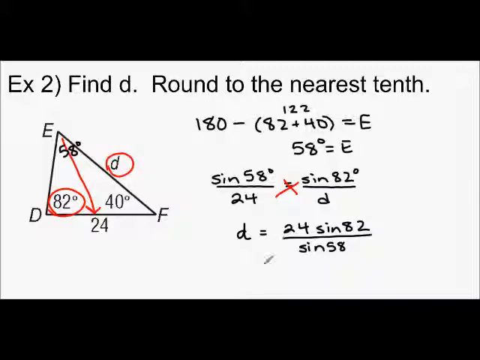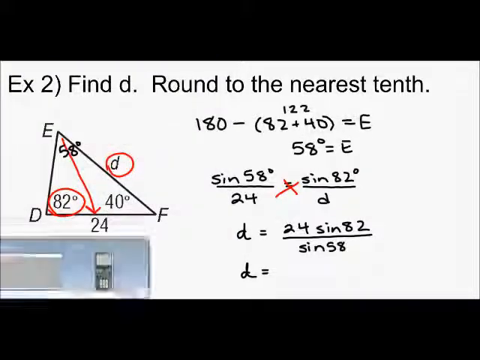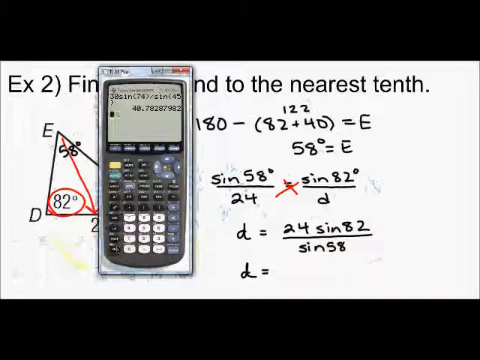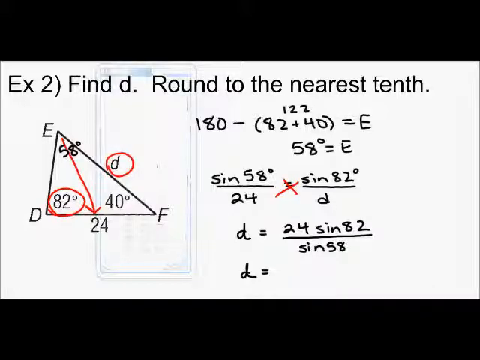Okay. Just plugging this into the calculator, remembering to close your parentheses. We have 28.0 to the nearest tenth, so 28.0.